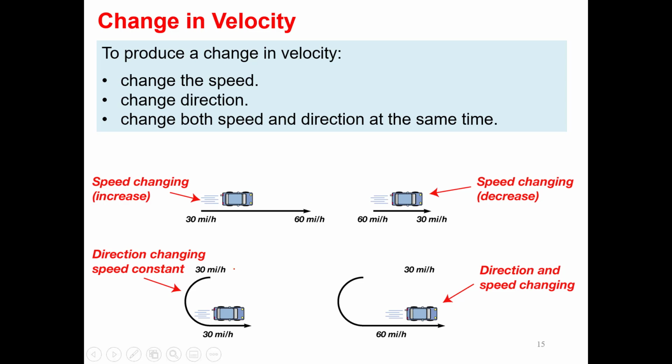As in this case, this car's speed is constant, the numerical value of the velocity is the same, but the direction is different. Also, we can change both the speed, meaning the magnitude, and the direction. These are the different ways we can change the velocity.